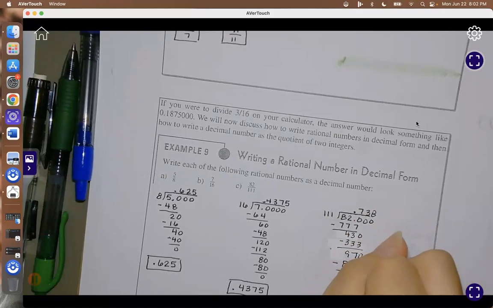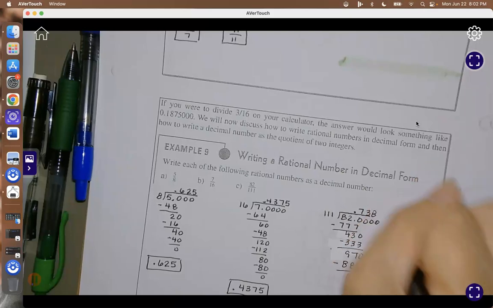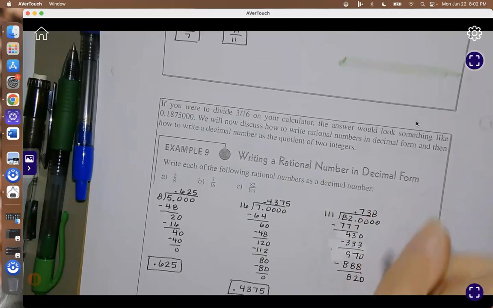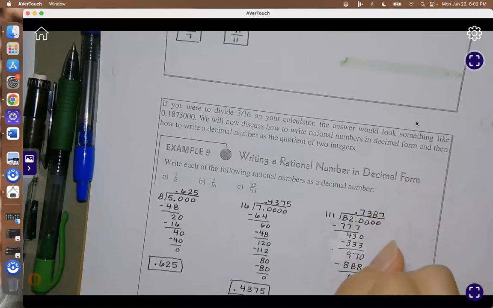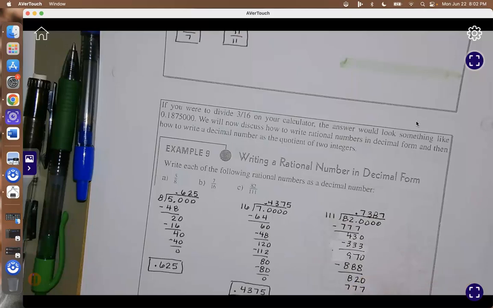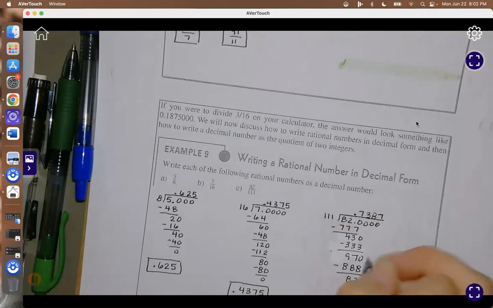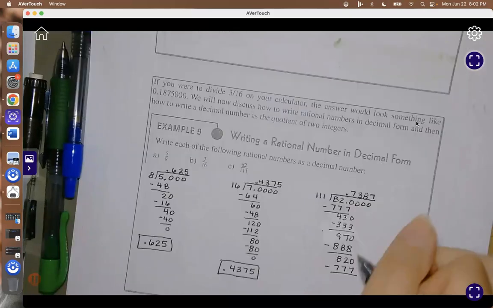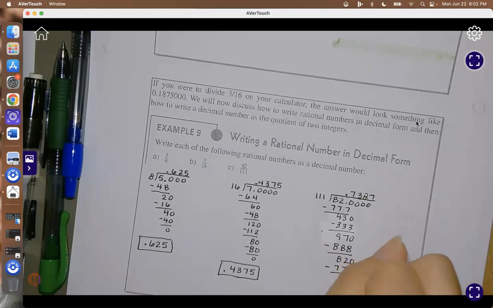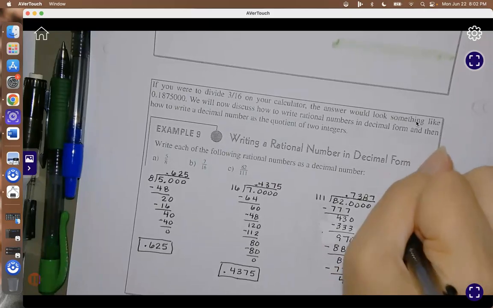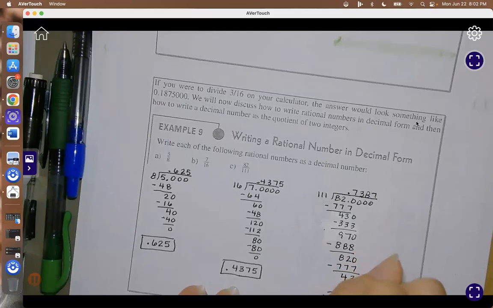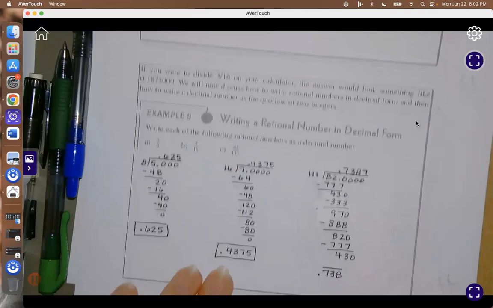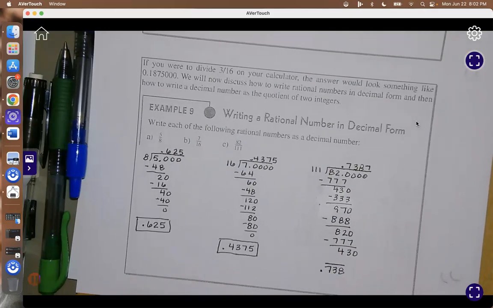That'll be an 82. And we'll have a 7. 777. And if you look, we have started the pattern over again. And we can stop right here because this is going to be 0.738, and you're going to put a bar over the 738 because after that 8, it's going to go back to 7. Okay?